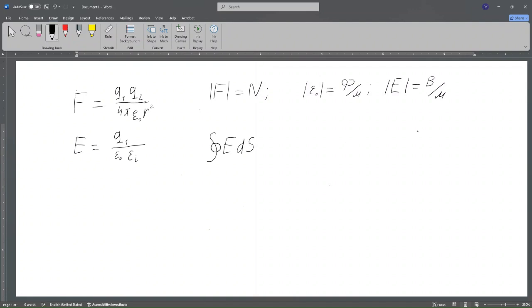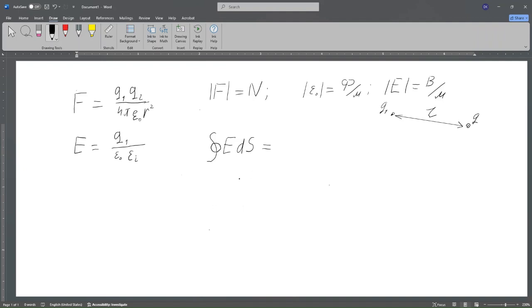S is the surface. If we describe our charges as two points, 2 and 1, and the distance L between them, we can describe this with the letter L, and this law is the first Maxwell law.